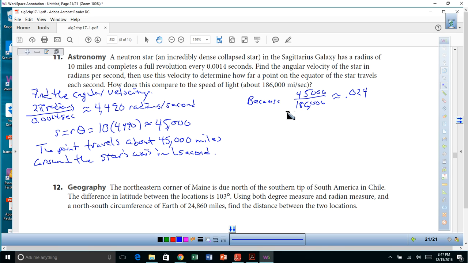So this is about 1/4. It is about 1/4 the speed of light. All right, and I got the 186,000 from there. I didn't know off the top of my head.